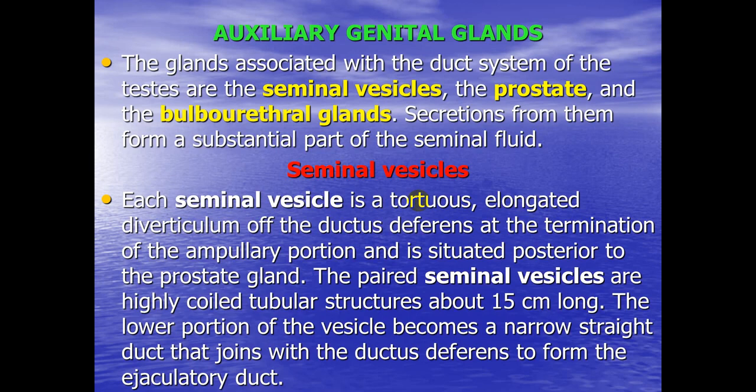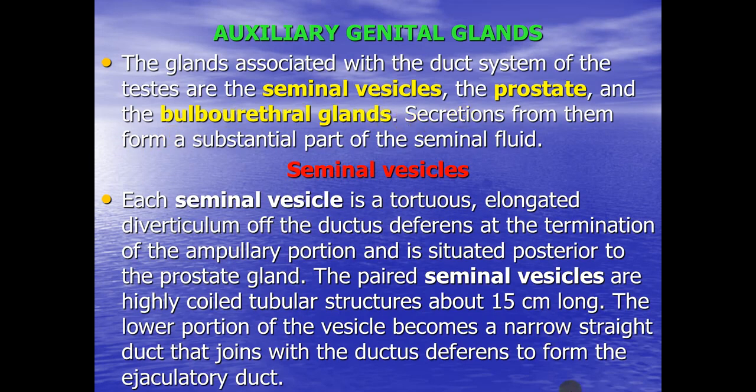These, first of all, are the seminal vesicles. Seminal vesicles are not really glands. They are a tortuous elongated diverticulum of the ductus deferens at the termination of the ampulla portion, situated posterior to the prostate gland.